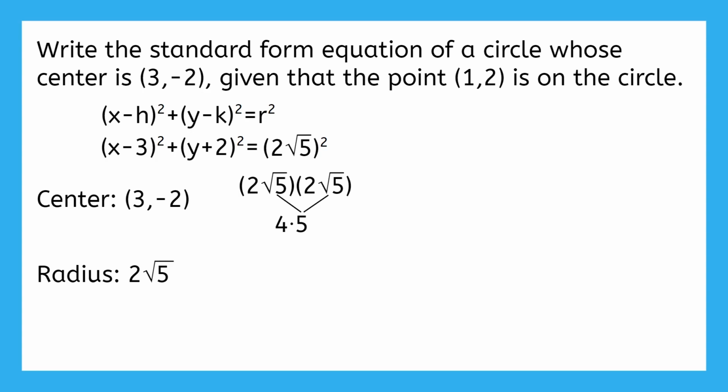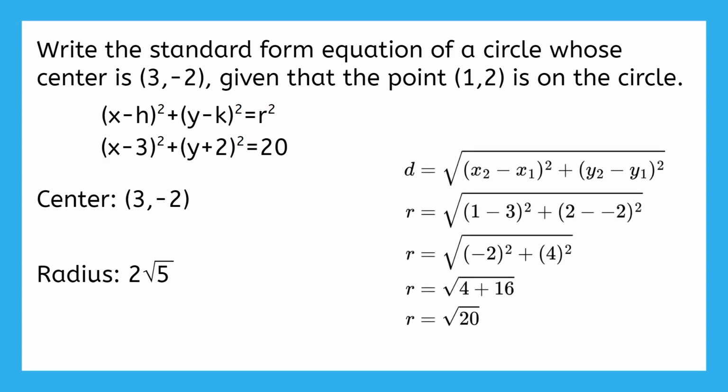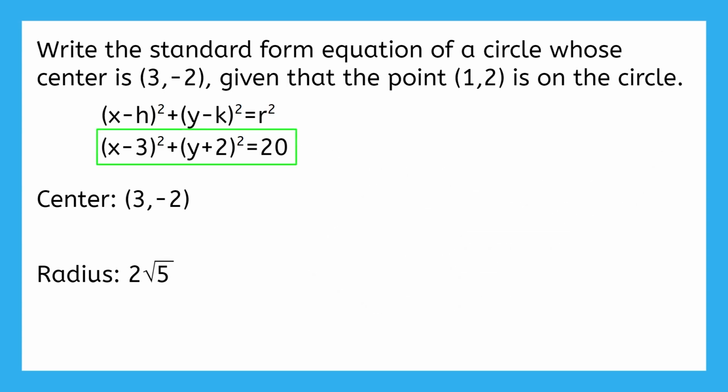Now all that's left is to multiply 4 times 5, and we get a final value of 20 for r squared. Hey, wait a second. When I finished my distance formula a little bit ago, I got that r equals root 20. If you're dealing with square roots in a case like this, where you're just going to square your answer anyway, you could take a little bit of a shortcut and just not simplify the square root. And now we have our final answer for the standard form equation for this circle.